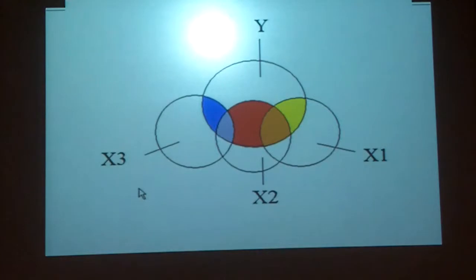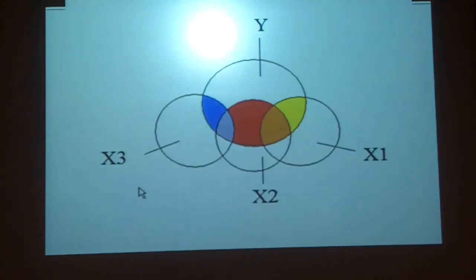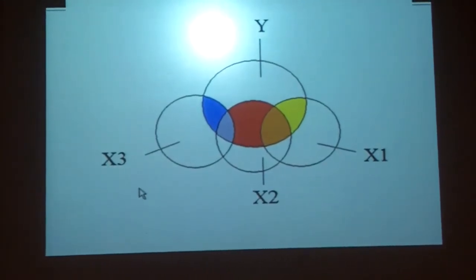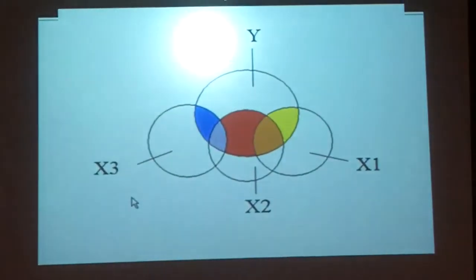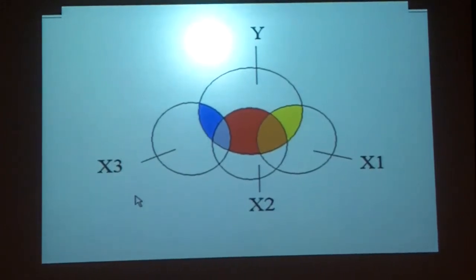Type 3 error terms are when you're assuming that it doesn't matter which order you put these variables in. So if you basically want to just see how the whole set works to predict y, and you're going to get the 3 beta weights, then what you want is type 3 error terms. If you're assuming that 1 is meaningfully the first thing, 2 is meaningfully the second thing, and 3 is meaningfully the third thing, and that's how you want to put them in, and that's the only way you want the beta weights understood, then that's the other option. That's the type 1 error term.